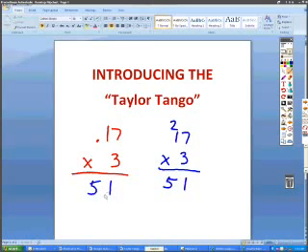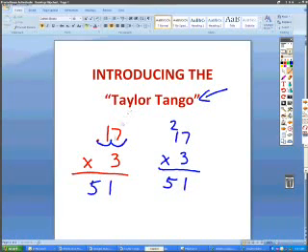Now what we have to determine is where the decimal point goes. That's where the Taylor Tango comes into effect. The rule for multiplication of numbers with decimals is you have to count how many digits are to the right of the decimal point or decimal points. In this case, there are 2 digits to the right of the decimal point.